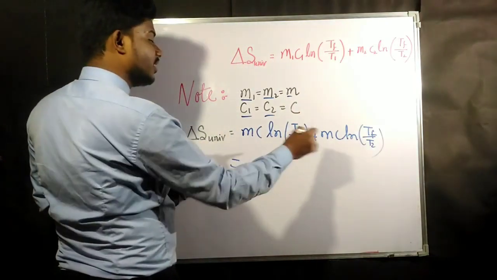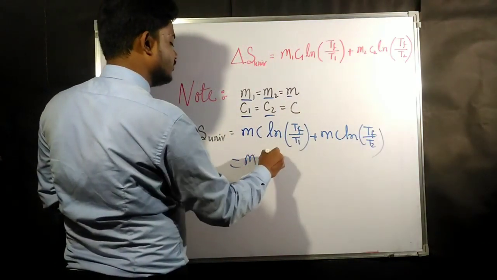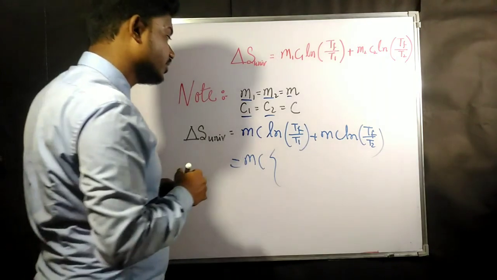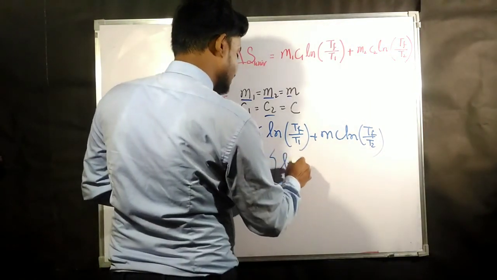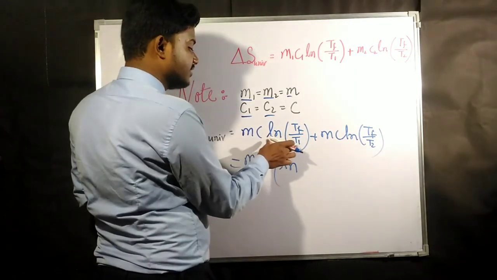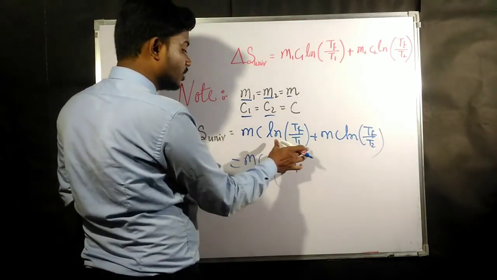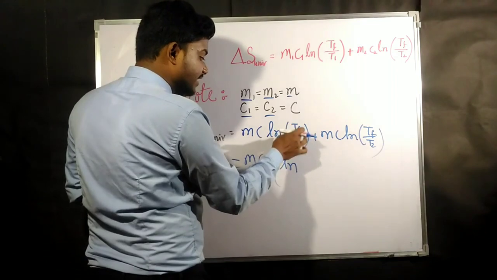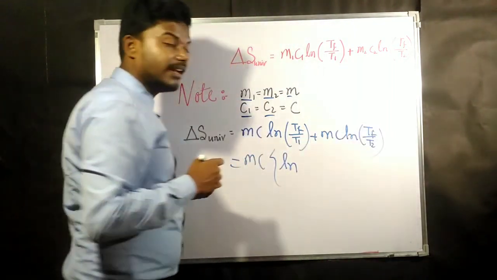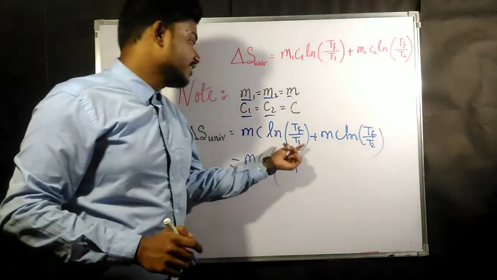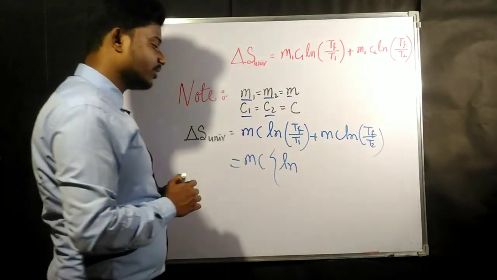You can take m into c common, and it is going to be ln Tf by T1 plus ln Tf by T2.